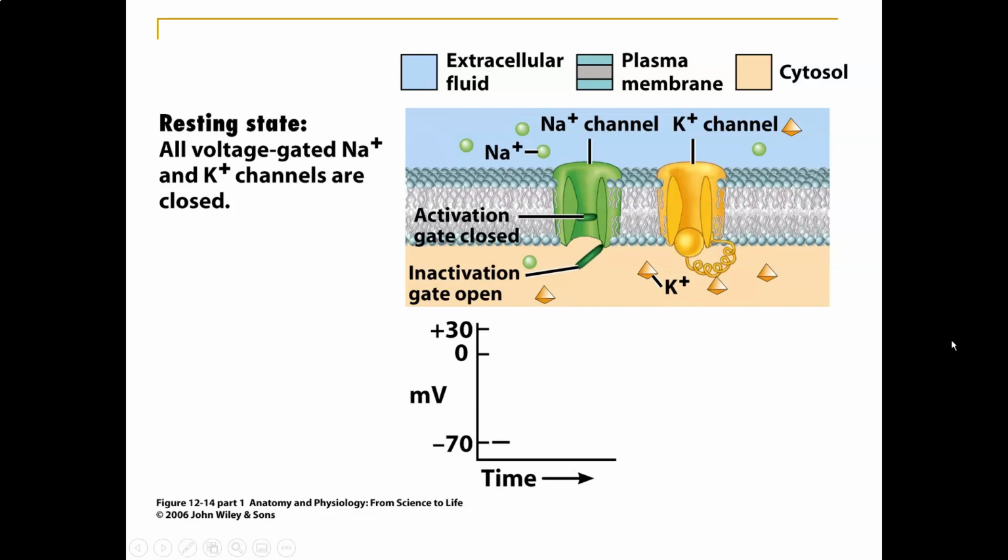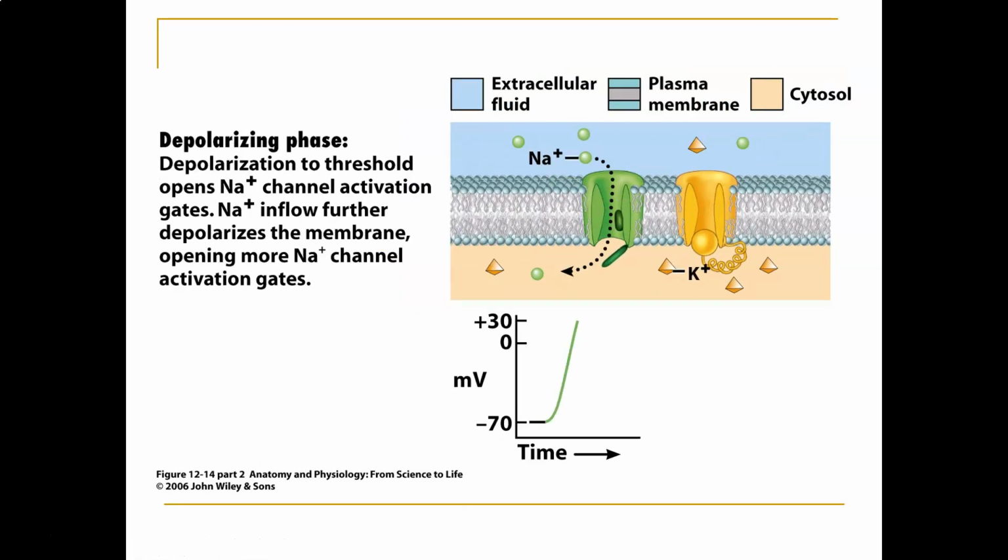Now, here's what happens in an action potential. The first thing that happens is the sodium gates open first. They open when a graded potential arrives at the beginning of the axon. You have sodium gates in there, and potassium gates. And the sodium gates open when the graded potential arrives.